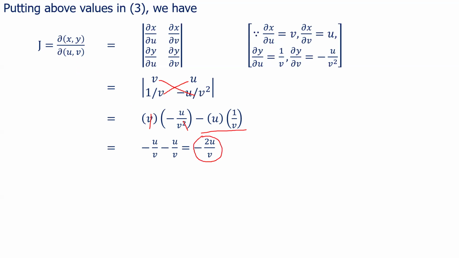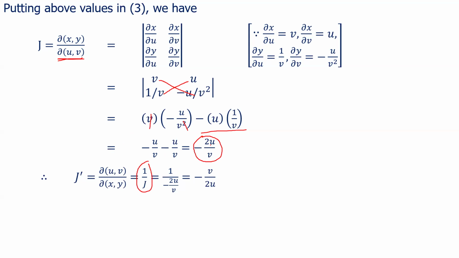Now this is not our answer. We have to obtain the Jacobian of uv with respect to xy. Since J dash, the Jacobian of uv with respect to xy, is nothing but 1 upon J, where J is the Jacobian of xy with respect to uv, let us put its value. What is the value of the Jacobian of xy with respect to uv?